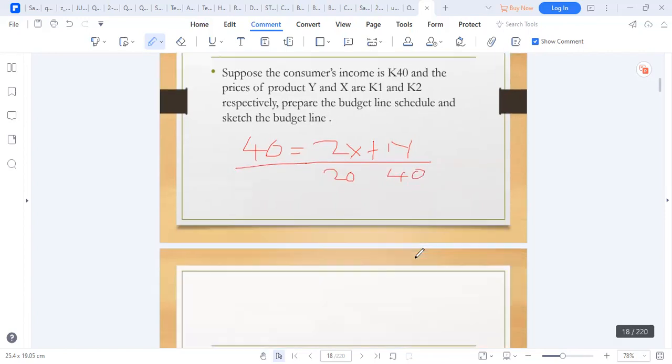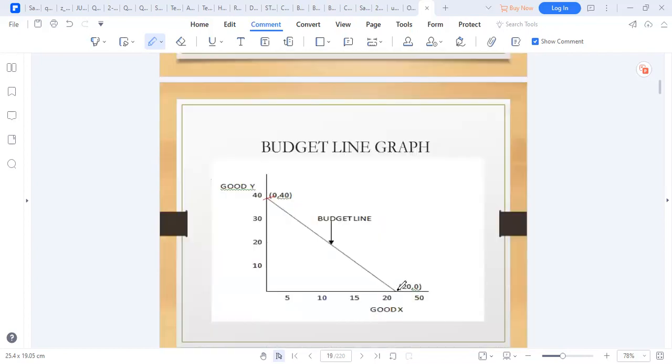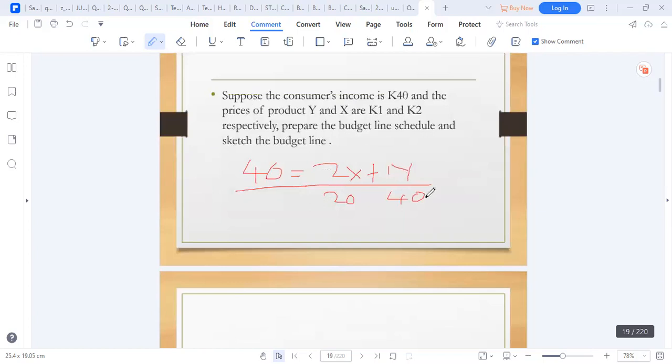So we can draw the budget line here. It will cut our x at 20 and our y at 40. So this is what I just illustrated here.